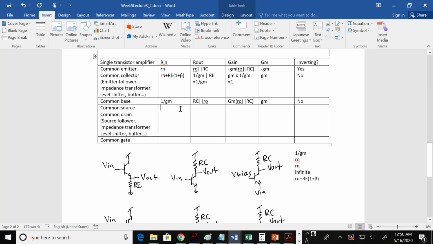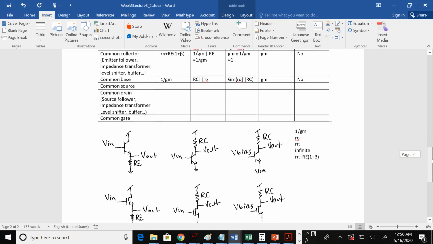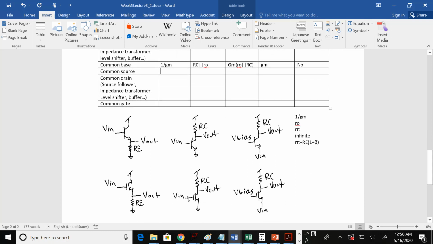Okay, common source. The common source amplifier is this one. The input goes to the gate, so R in is infinite. No current goes into the gate. Your R out is the exact same thing as common emitter and common base. I wrote RC, I guess it should officially be RD. It's inverting, so you have a minus GM.